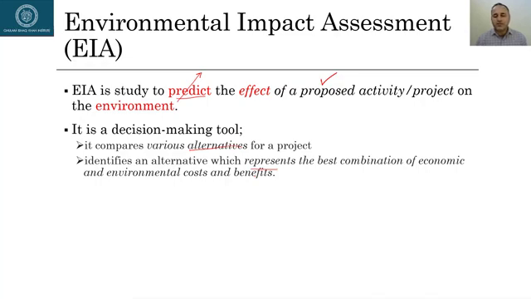The whole exercise of environmental impact assessment is to minimize those negative externalities. It compares various alternatives, and based on your evaluation, you pick the right alternative, which is the best combination of economic and environmental cost and benefits.